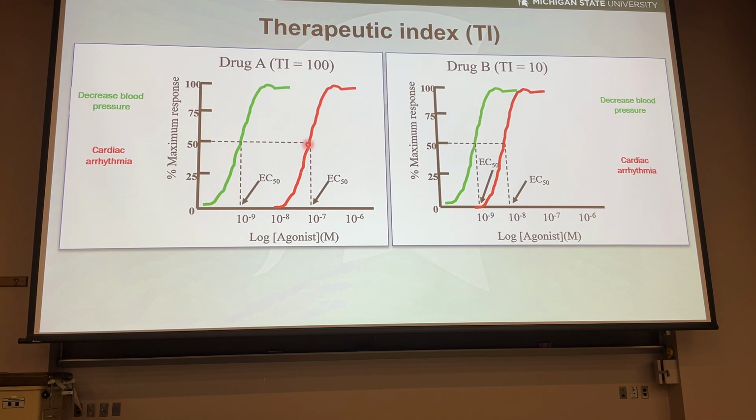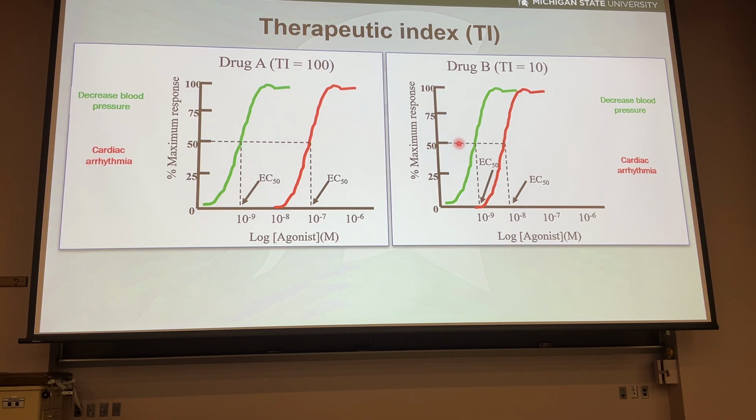Here, the maximal effect, and then EC50. And as you can see, the EC50 for the therapeutic response is about 10 to the minus 9. EC50 for the toxic response is 10 to the minus 7. Difference between those is 2 logs, which means the therapeutic index is 100, okay? So there's 2 log units in between the EC50 of these 2 effects.